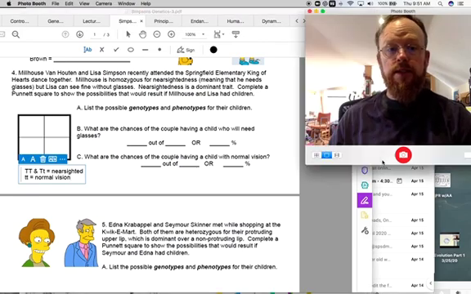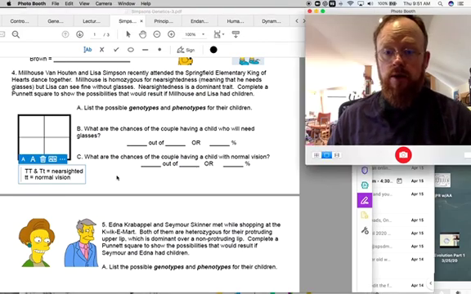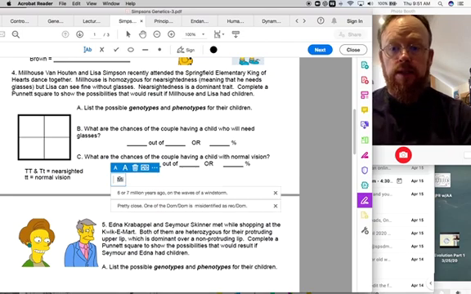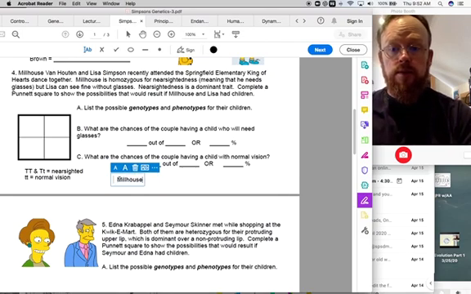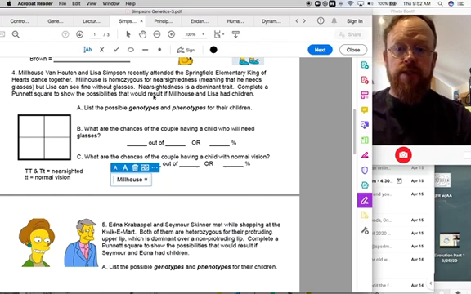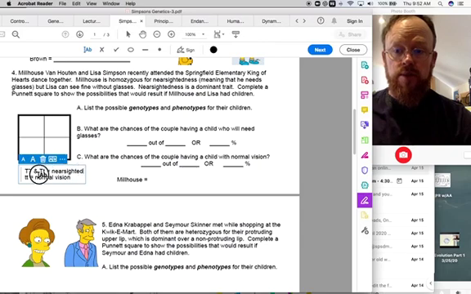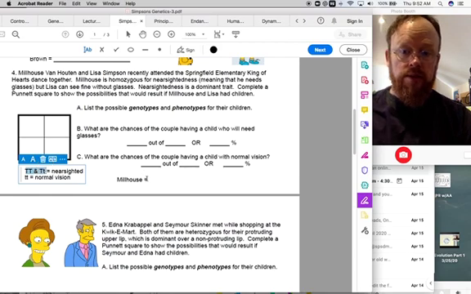And then I would say, okay, well, what do we know? We know that Milhouse is homozygous for nearsightedness. So it means he's going to be one of these two versions up top here, right? He's going to be big T, big T, or big T, little t, because he's nearsighted.